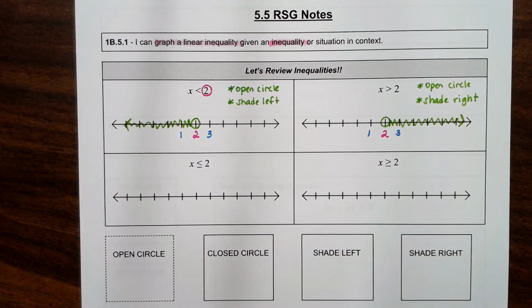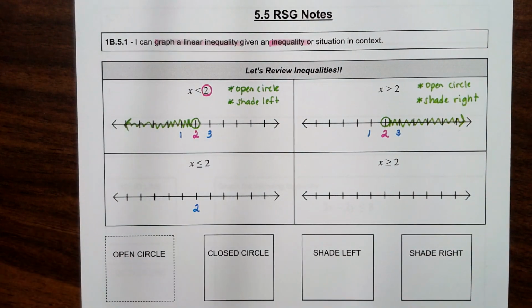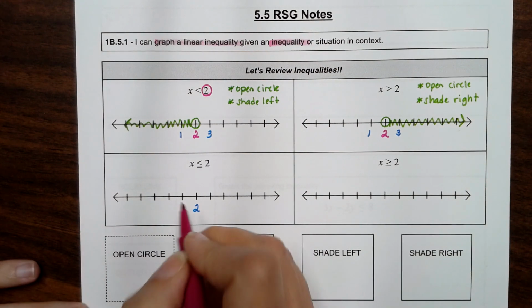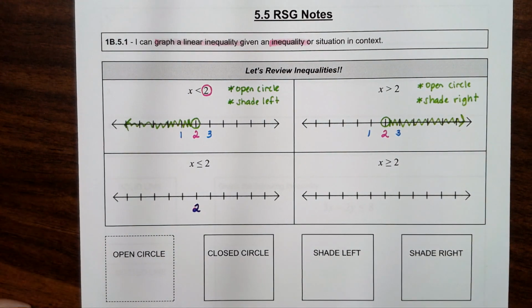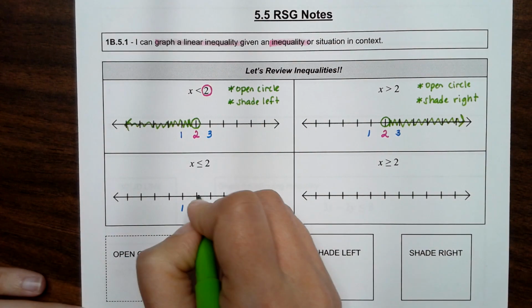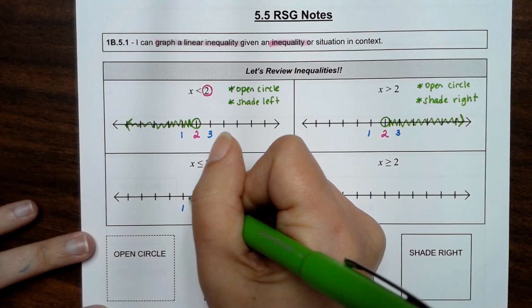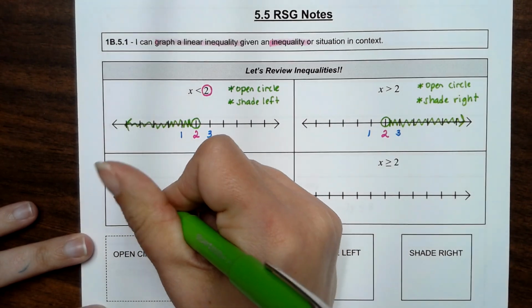For a problem like the next one where it says x is less than or equal to 2, we would have the number 2. We would have one number that was bigger and one number that was smaller. We would use a closed circle this time because there's an equal to with the symbol, and we would shade to the left.